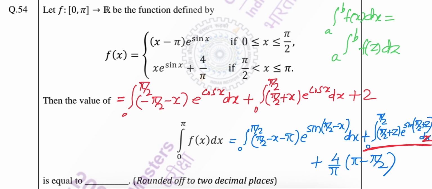So now it is very easy to observe that these two parts cancel, it remains 2, so the answer will be 2.